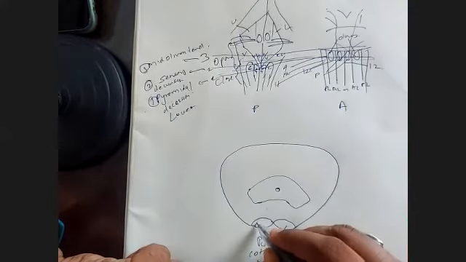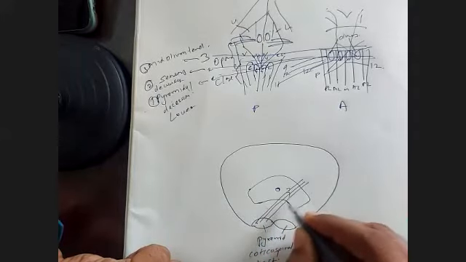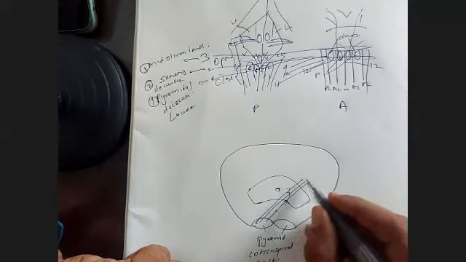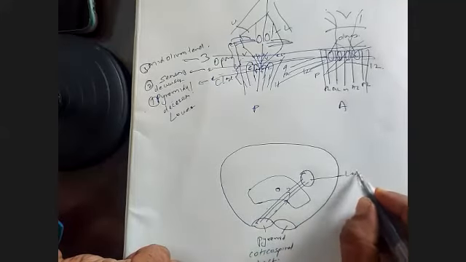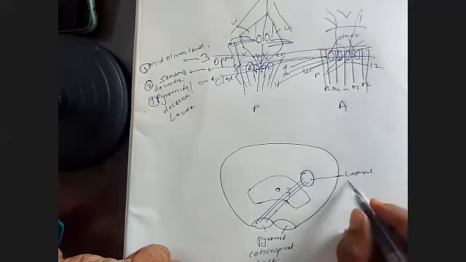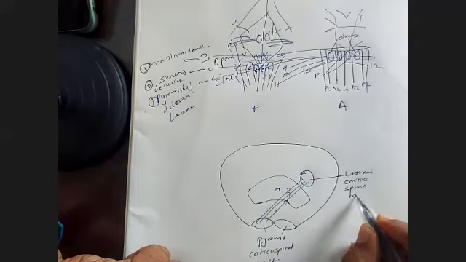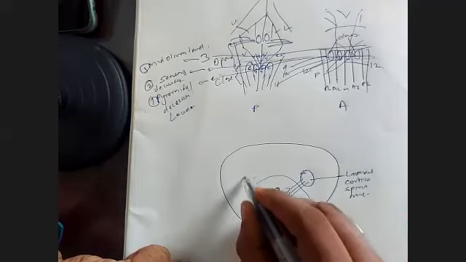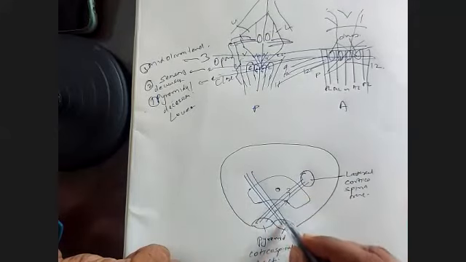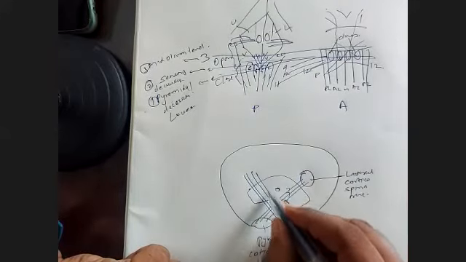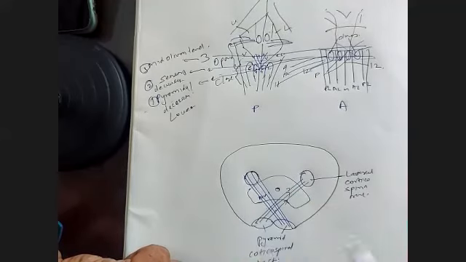Now at this point the crossing starts, and these fibers cross to the opposite side. As they cross, they form what is called the lateral corticospinal tract. At the level of pyramidal decussation, when you are told to draw the section, this is the key thing you have to draw: the lateral corticospinal tract.